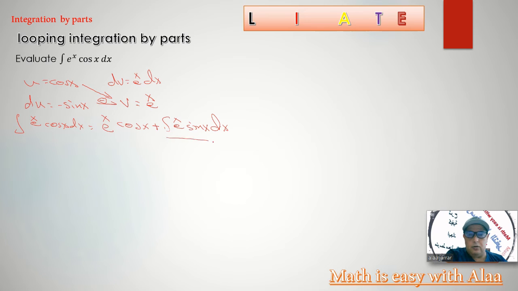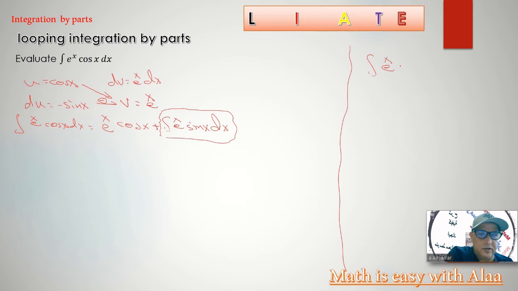Now, I want to find this one. Let's do it here. The integral of e^x sine x dx, let me take u equal sine x and dv equal e^x dx, du equal cosine x, and v the integral of e^x is e^x.